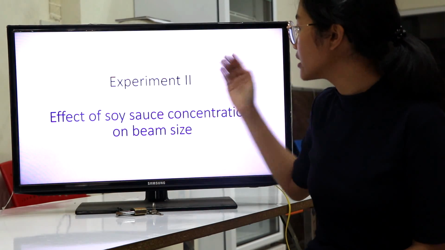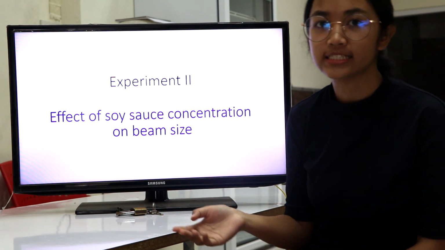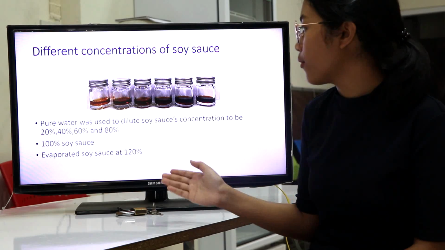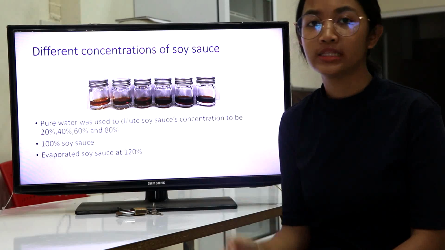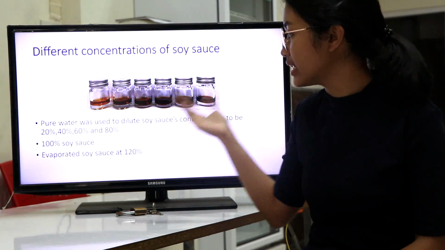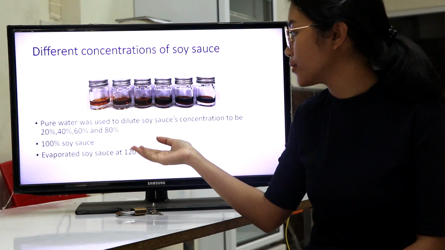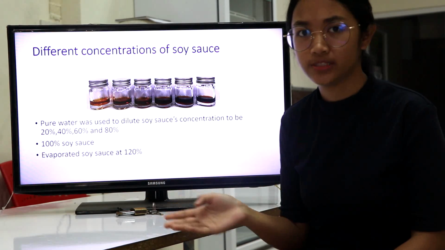And experiment 2: effect of soy sauce concentration on beam size. I use pure water to dilute the soy sauce to concentrations of 20, 40, 60, 80 percent, and use pure soy sauce at 100%, and evaporated soy sauce at 120%.